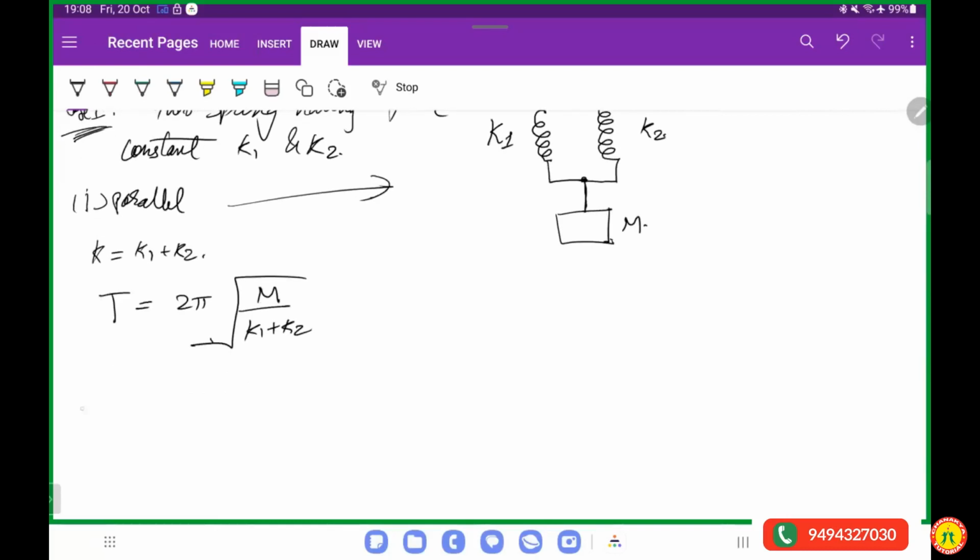Then if it is connected in series, k1, k2 in series, 1 by K, it's like a resistance.